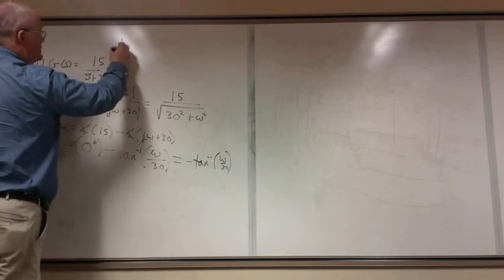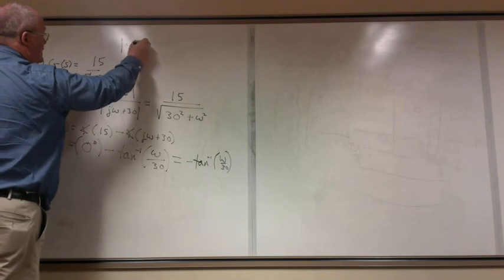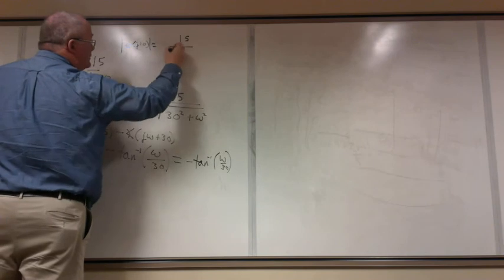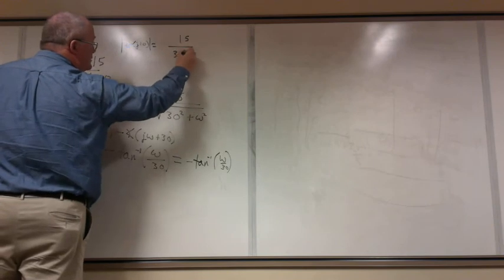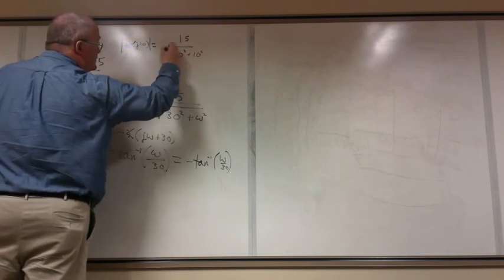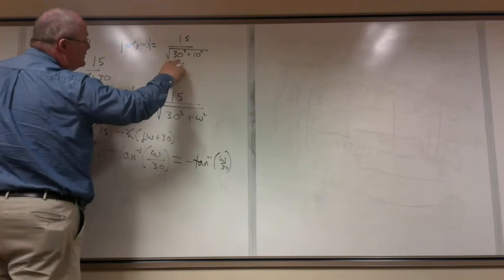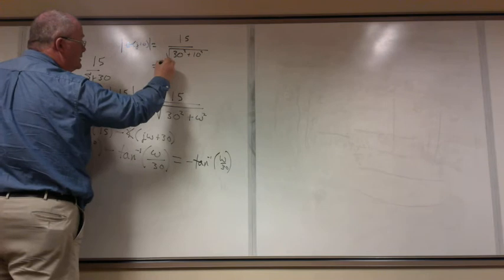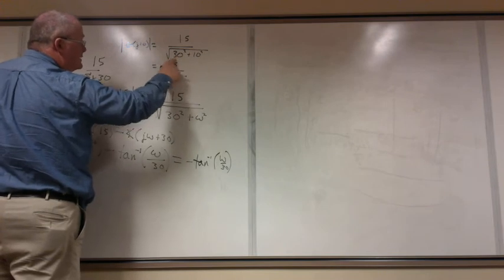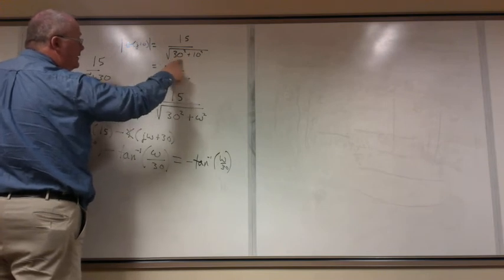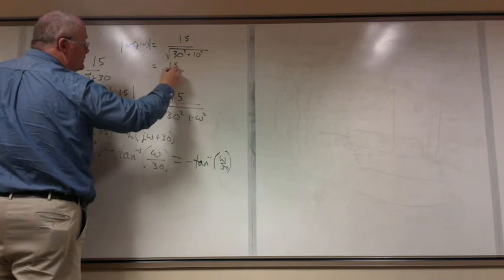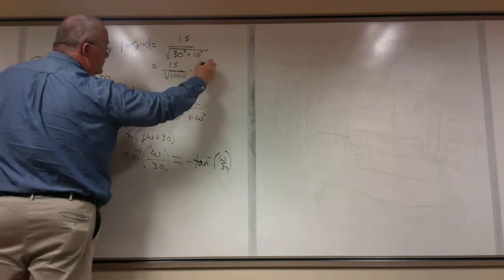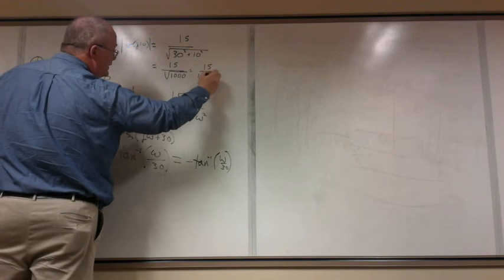And so the magnitude of G of J10 is going to be 15 over the square root of 30 squared plus 10 squared. Anyways, you can do your fractions and square roots and all that yourself. 15 over, what's that, 30 squared is going to be 900 plus 100, so the square root of 1,000, which is equal to 15 over 10 square root of 10, right?